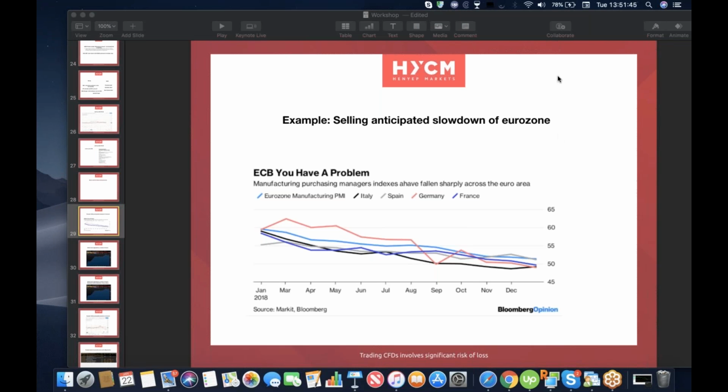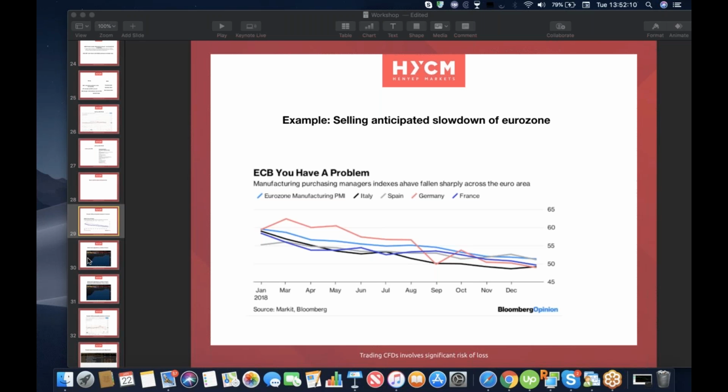So what the market is starting to think now is that when Mario Draghi has his monetary policy on Thursday, surely he's going to be reacting to this slowdown in Eurozone growth. So the rumor is that Draghi will start reacting to the slowdown. So that's negative for the euro. So that's a negative sell.